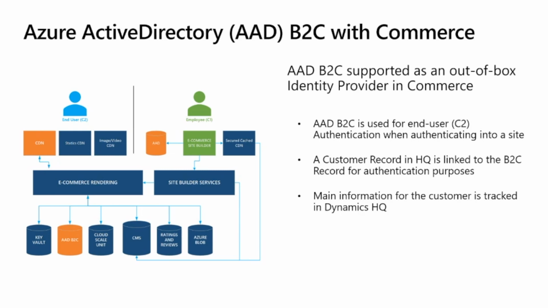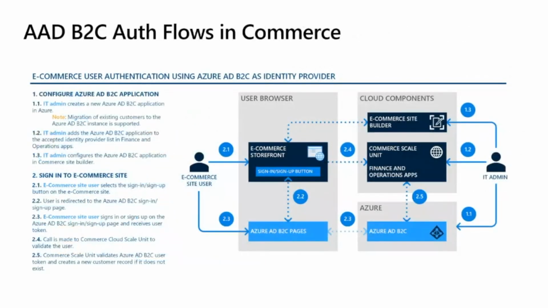So let's take a look at how AAD B2C fits in to both the components of Dynamics as well as the end user pathway when they authenticate. So in today's session, we'll review what we're representing here as the IT admin setting up your AAD B2C information. There's 3 elements they'll be setting up. First is the e-commerce site builder in Dynamics.